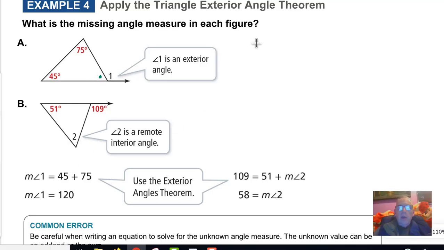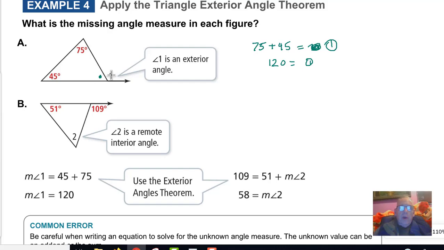So for part A, we're going to say 75 plus 45 equals 1. And we'll circle it because we're talking about the angle 1. And 75 and 45 is 120, is equal to 1.